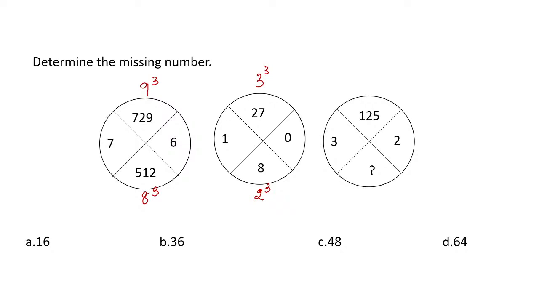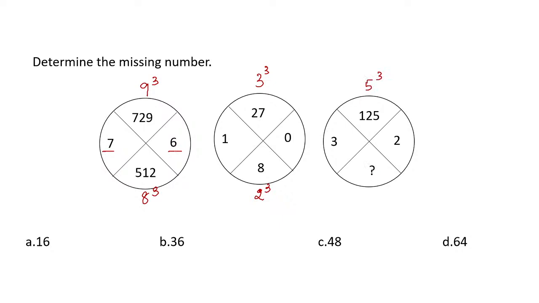So here also, I still don't know the pattern. I'm just writing the 729 as 9 cube, because over here I have single digit numbers. So I'm trying to rewrite 729 as a single digit number to some cube or square. Okay, that's the idea. Now that here we have 5 cube, so what should be the number over here?